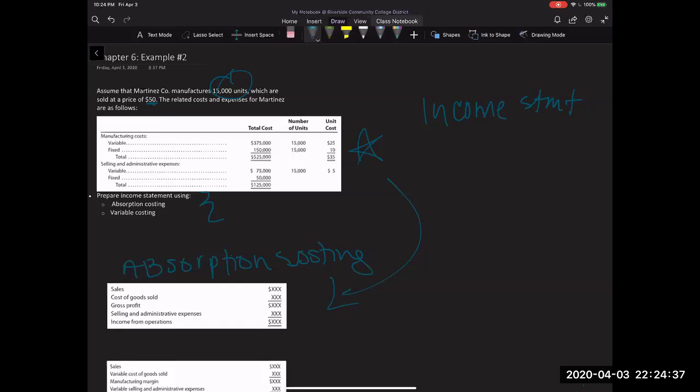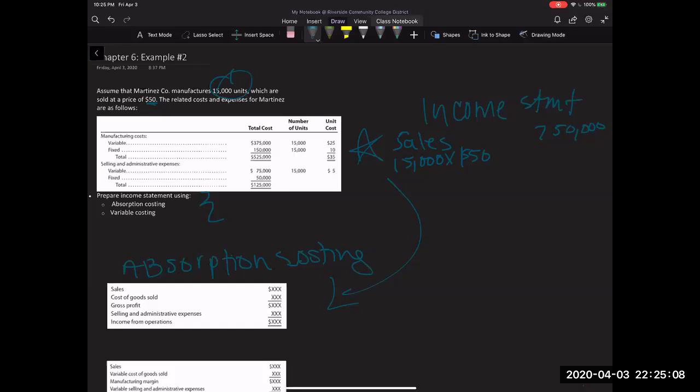So to generate sales, we're going to do sales amount. So sales should be calculated as 15,000 units times $50 per unit. Okay, so if we did that calculation, 15,000 units times $50 per unit, we come up with a total of $750.